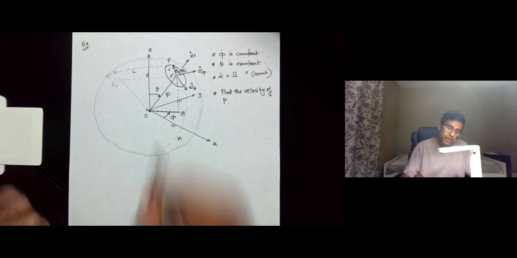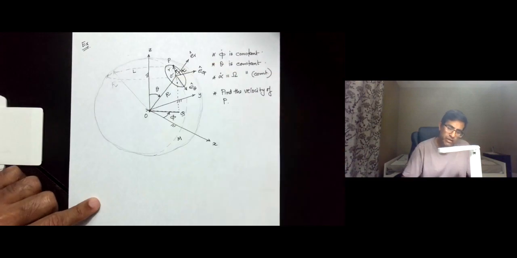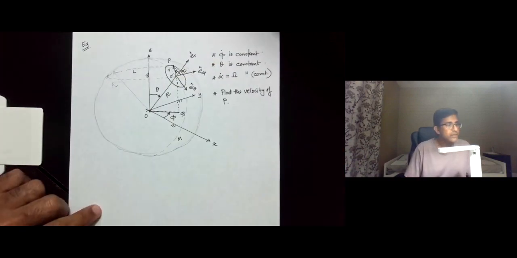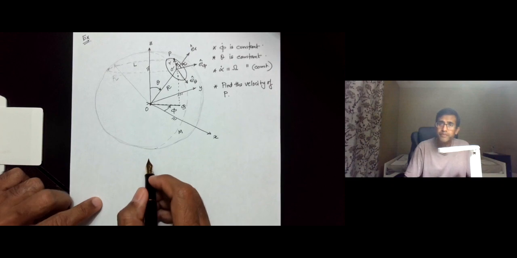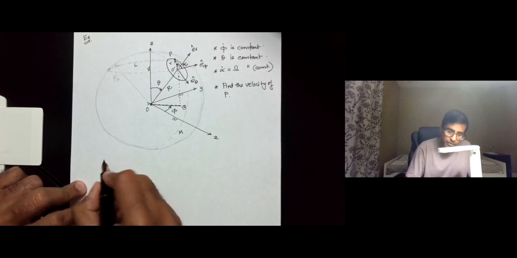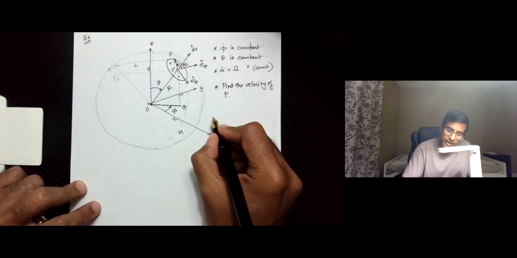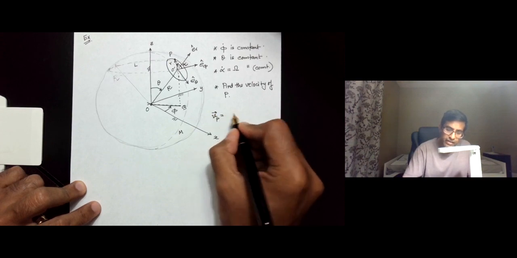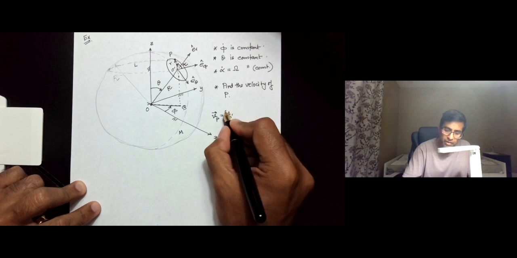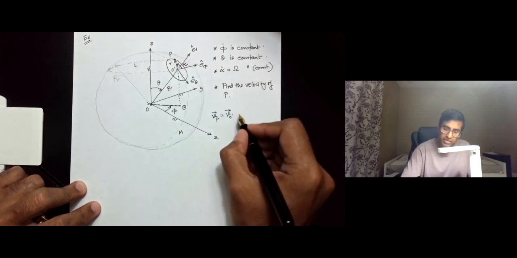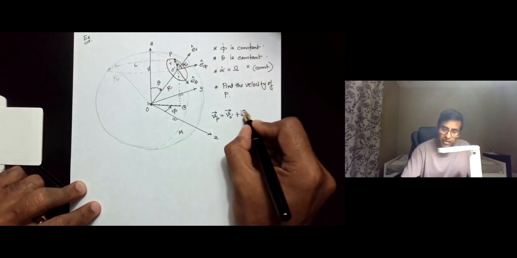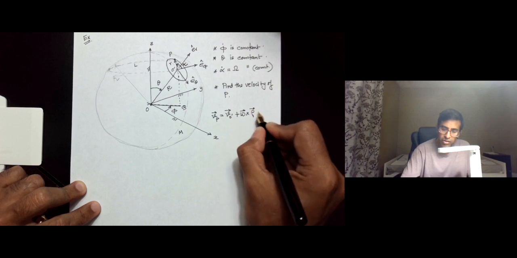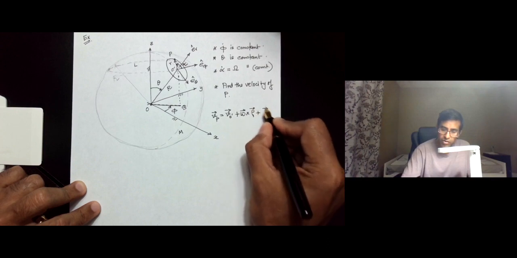All right. So the way we are going to proceed is that we are going to start by saying that Vp is equal to Vo prime, where O prime is the center of the disk, plus omega cross rho plus rho dot r.